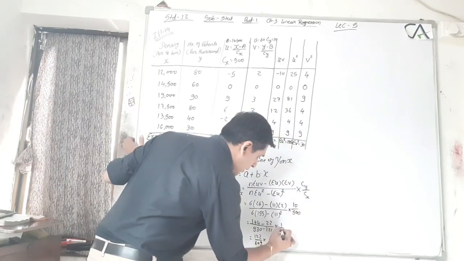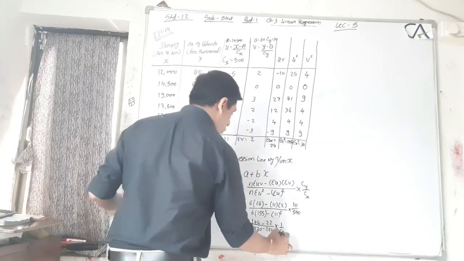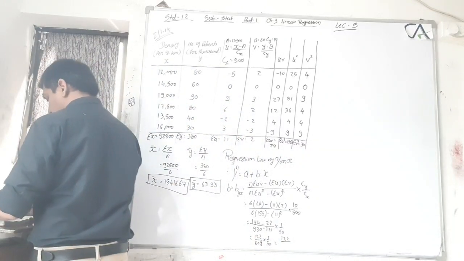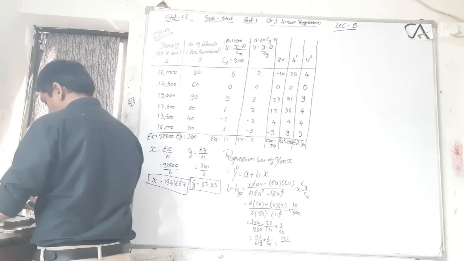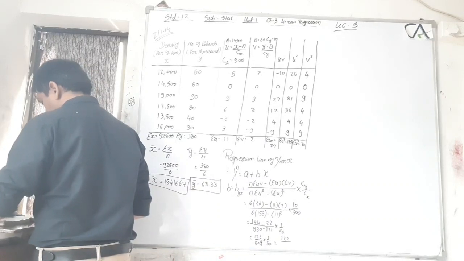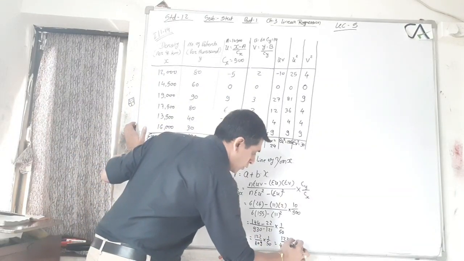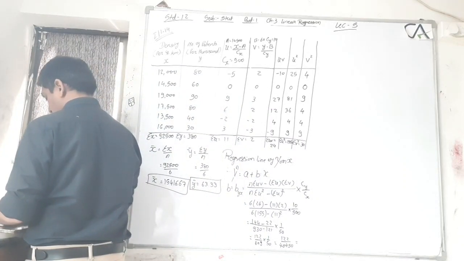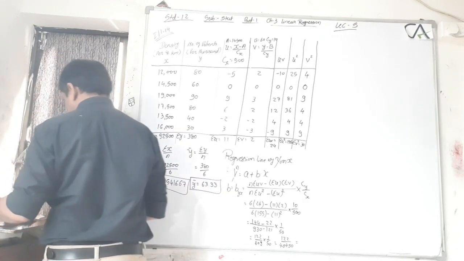So here we have to multiply 1 upon 50. 1 upon 50 times 122 divided by 809 is equal to 0.003.